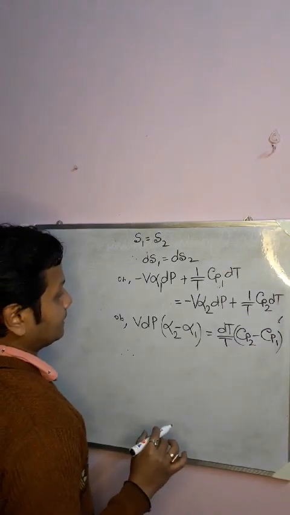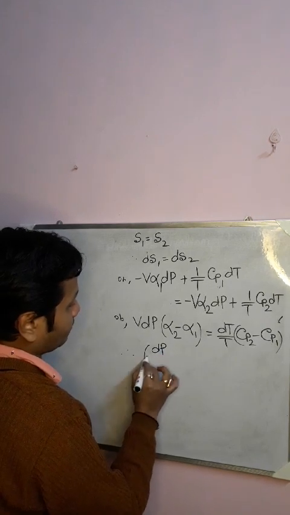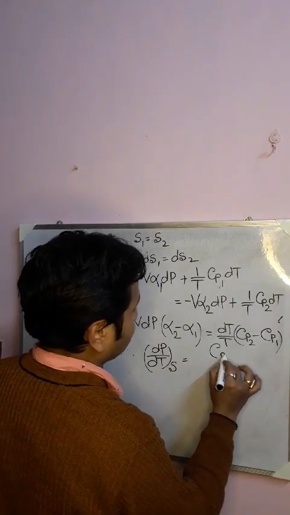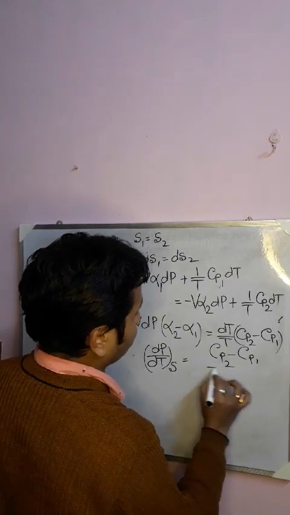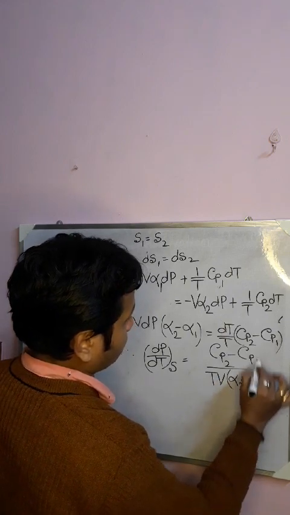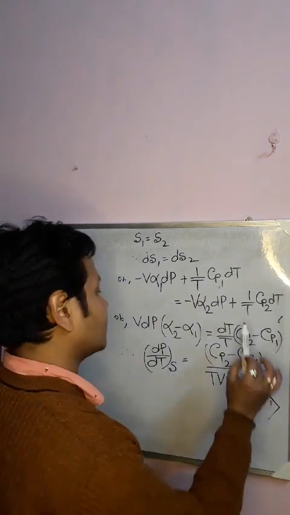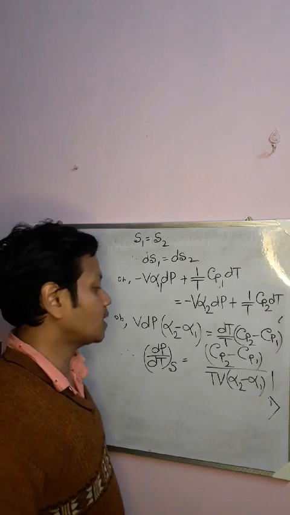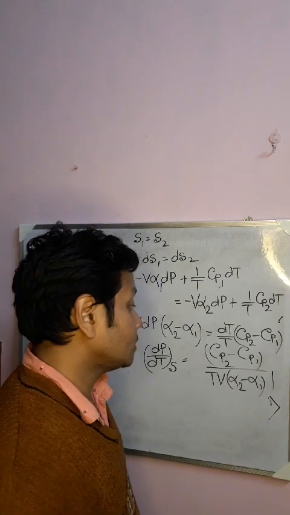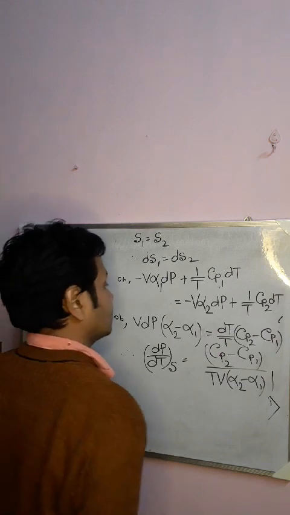So dP dT, with S constant, since we assume the constancy of entropy, becomes Cp2 minus Cp1 by T V alpha 2 minus alpha 1, where 1 and 2 represent the initial and final state respectively.